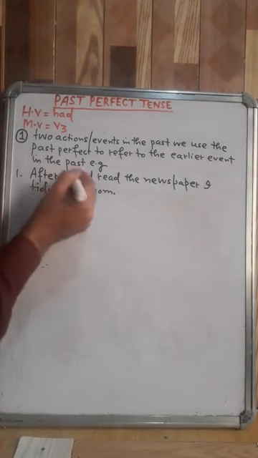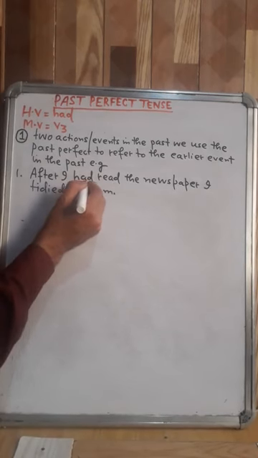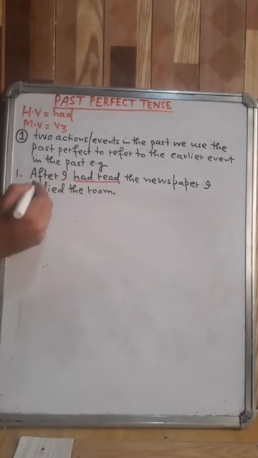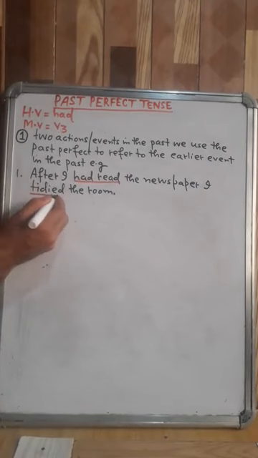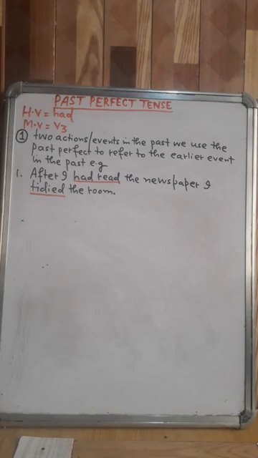Now here we have used past perfect tense and here simple past tense. That means the reading of the newspaper took place earlier than the other action, that is tidying the room. With the later action we use simple past tense, and with the earlier action we use past perfect tense, that is had plus third form of the verb.